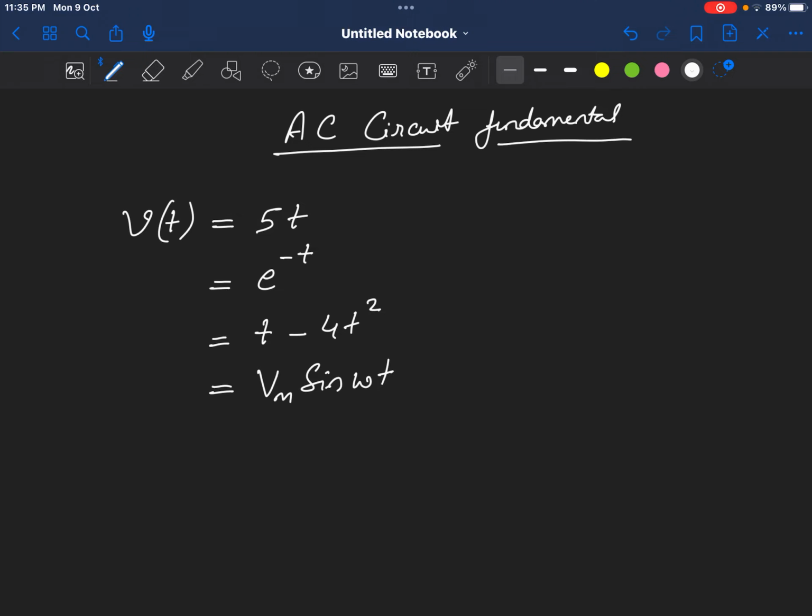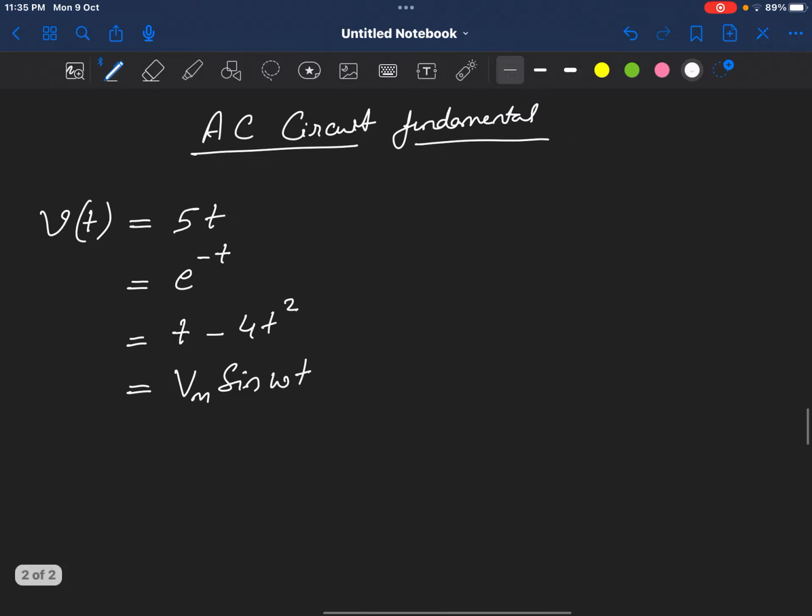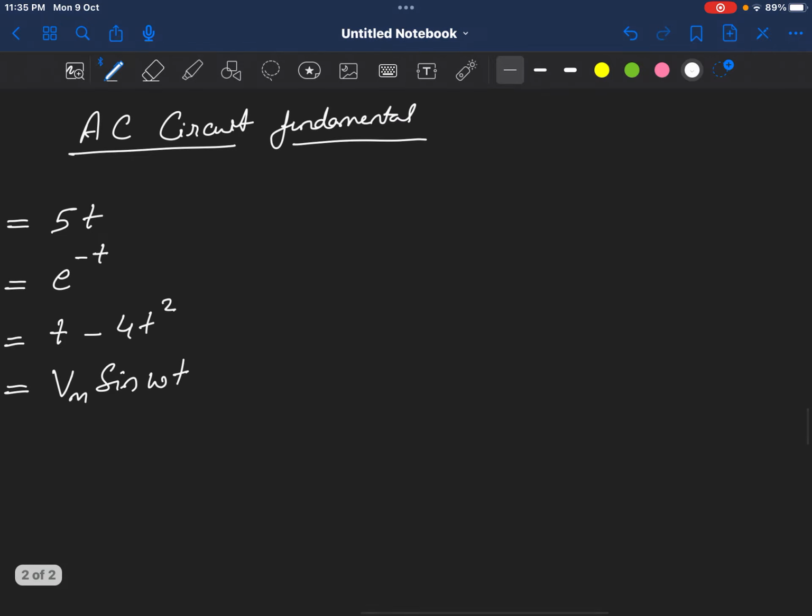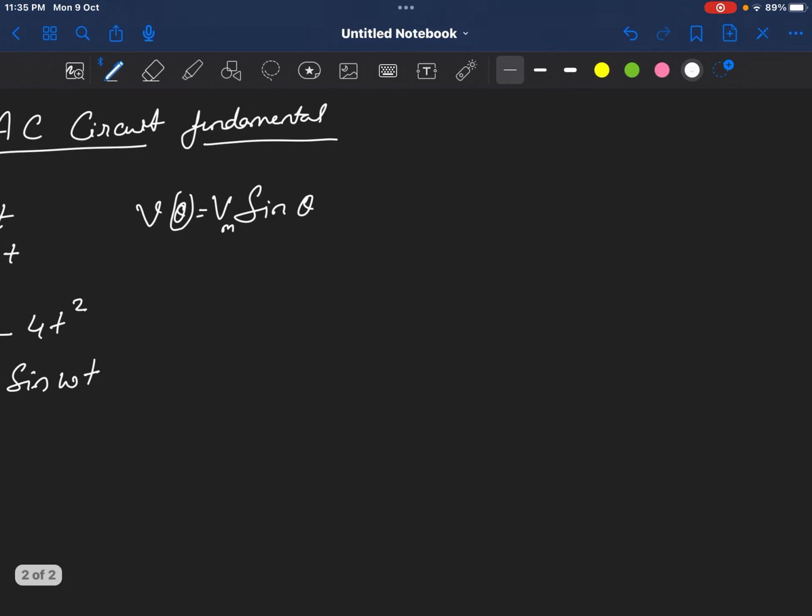The moment we are writing in terms of trigonometry, let us explore the trigonometry first. Let's say I'm talking about sine of theta, and let us say v of theta is equal to Vm sine theta. In this particular case, we can get the voltage waveform of v of theta with respect to theta.